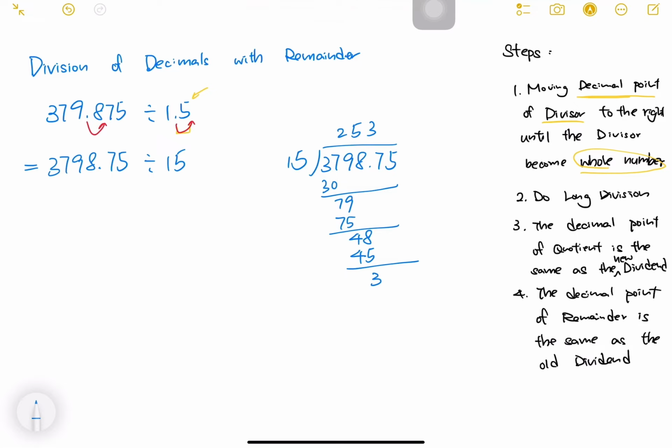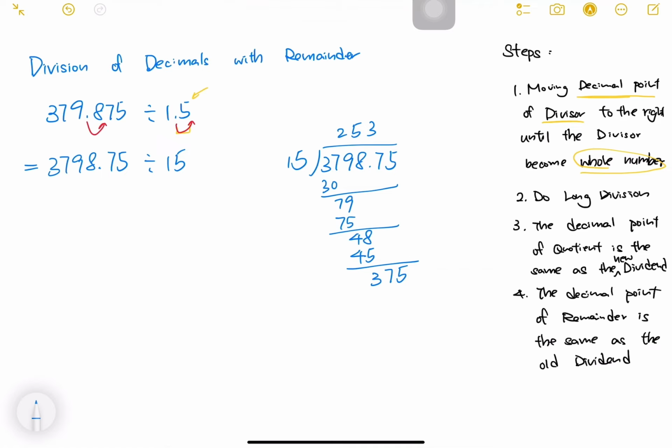After that, we see a 3, and then we have the decimal point right here. We just skip it and write down all the numbers at the remainder part, so that afterwards we can move this number to be our remainder.